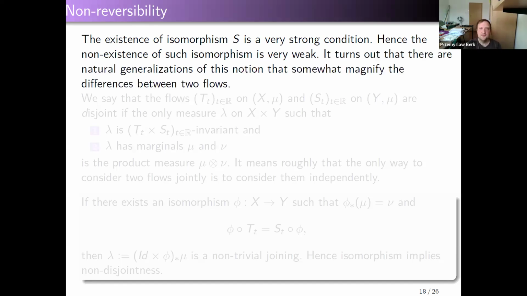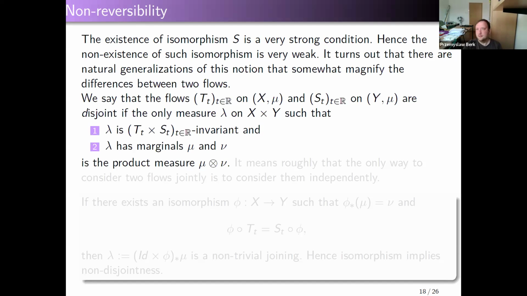I want to consider whether those two flows are disjoint. The definition is over here. It's a formal definition which says that you consider a measure which is invariant by the product action of those two flows, and it projects to your initial measures.